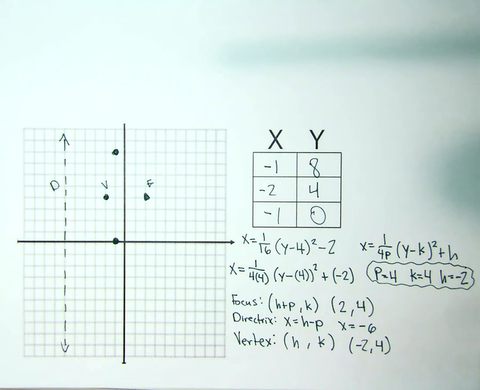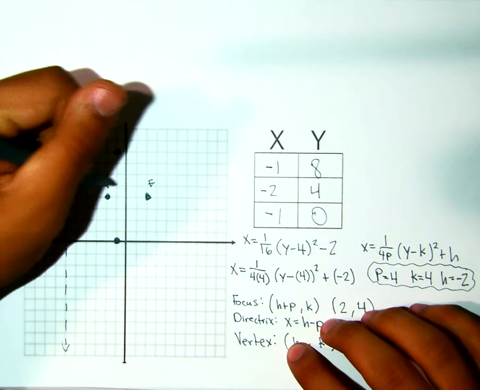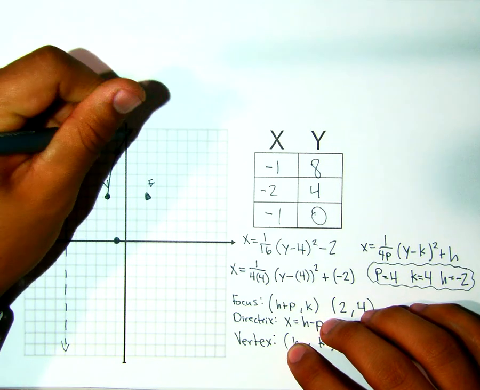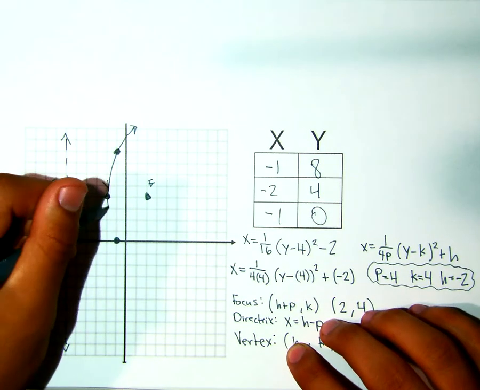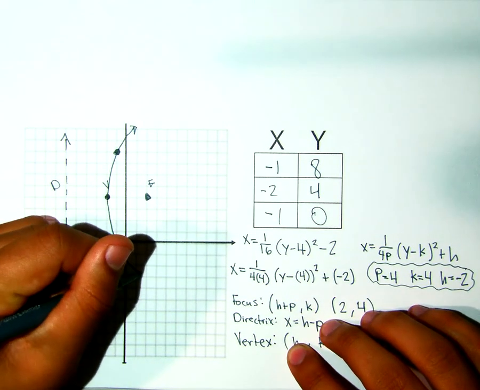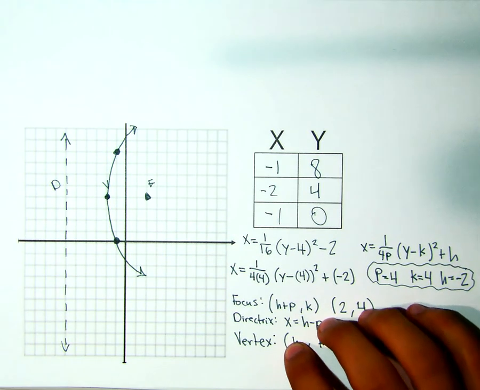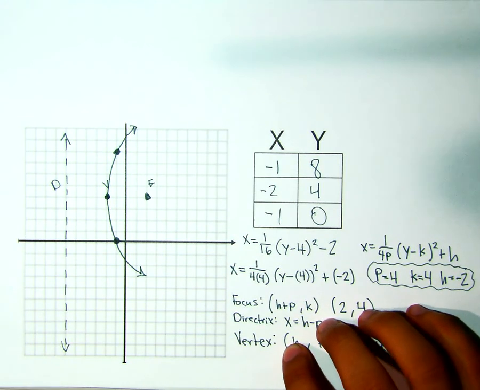Now in the beginning of this problem, we said this is a parabola with a horizontal axis of symmetry. So it's going to open to the right. How did you know it's going to open to the right? Very good. The focus has to be on the inside.